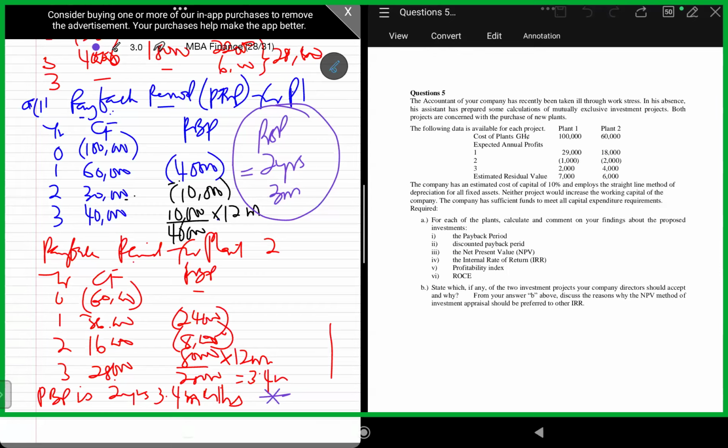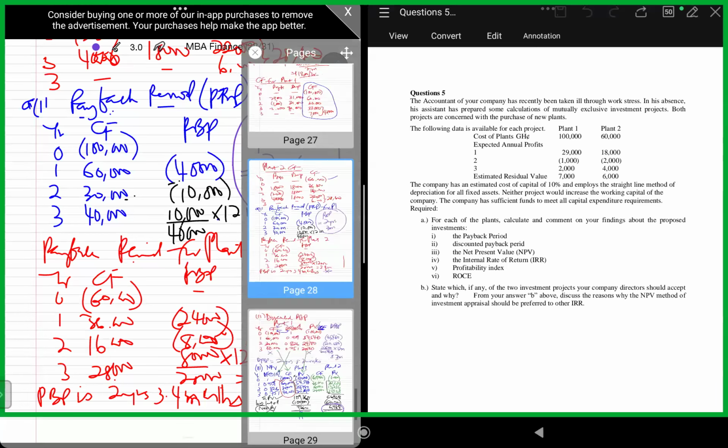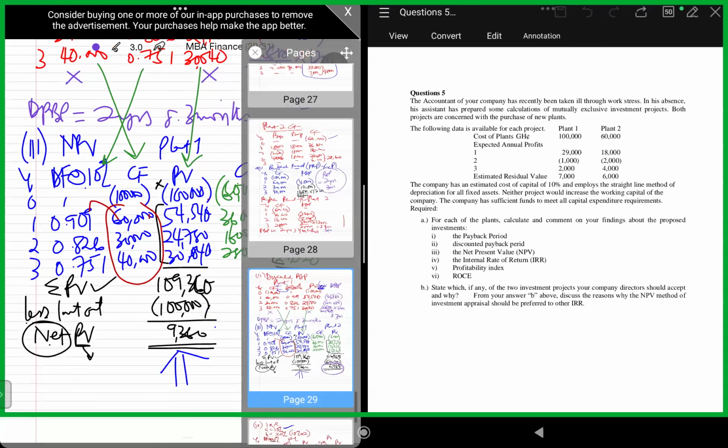Meanwhile, that of plant two is 2 years, 3.4 months. But it didn't ask that. I said we should just comment on it.